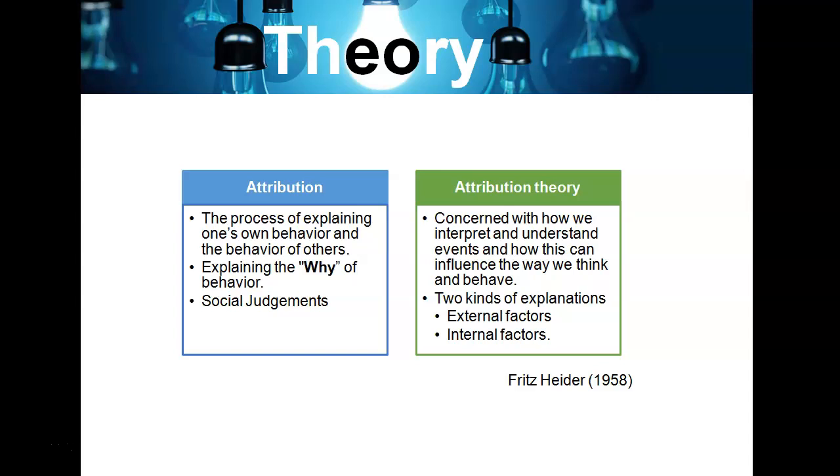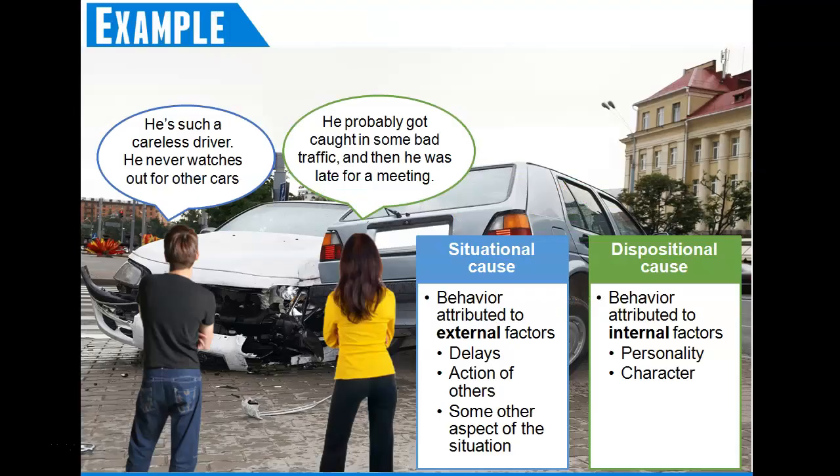And so there's two main explanations as to how we attribute behavior. There's external factors and internal factors. So you can either think that the reason why an individual behaved the way they did was because of something internally, so something about the person, or externally, so something that happened in the environment, something that was outside of their control. And this leads to you can have a situational cause or a dispositional cause.